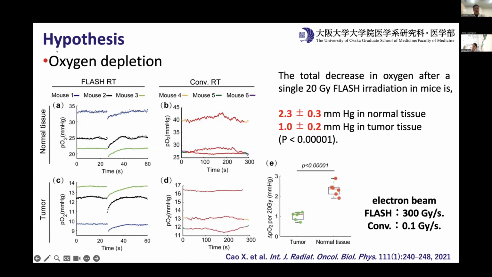Indeed, it can be seen that the biological oxygen level of mice exposed to FLASH irradiation decreases momentarily. However, this decreased oxygen concentration does not explain why tissue damage is suppressed in the mice, and it's believed that other factors are also involved in the suppression of tissue damage.